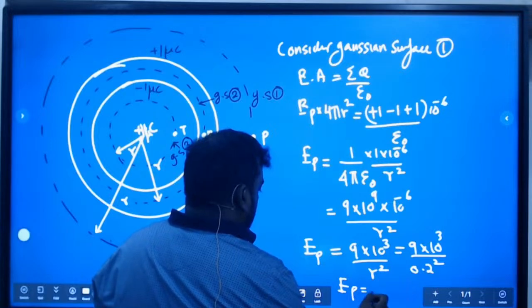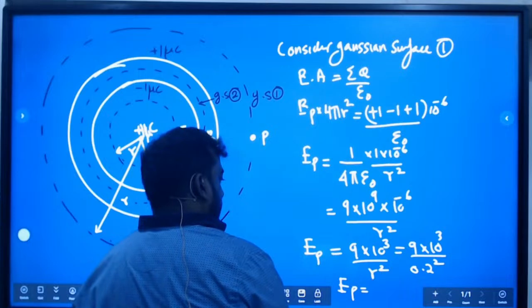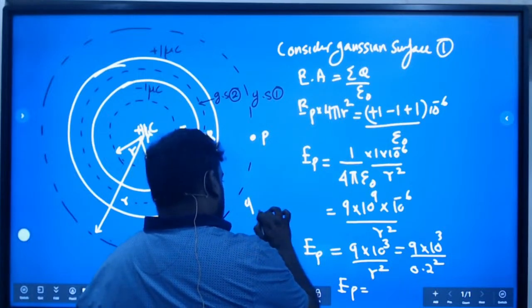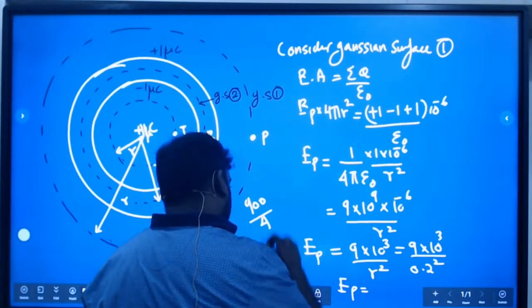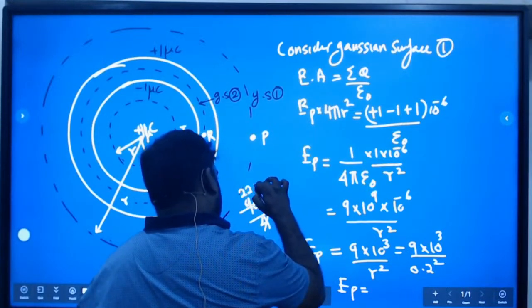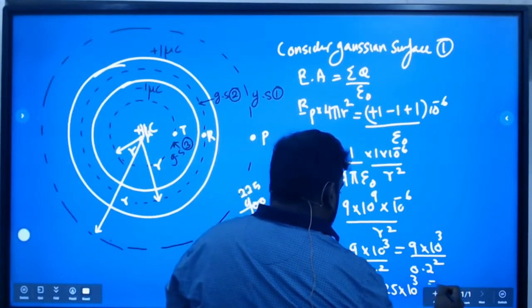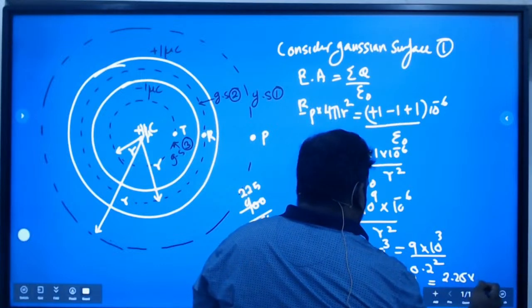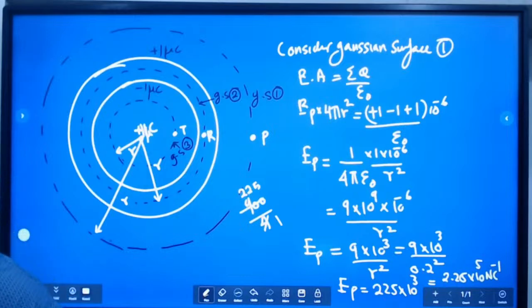Electric field strength at P, 0.04. 9000 divided by 0.04 is 225 times 10 to the power 3. So 2.25 times 10 to the power 5 newton per coulomb.